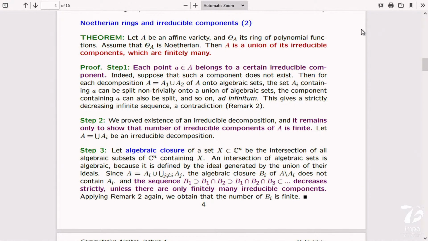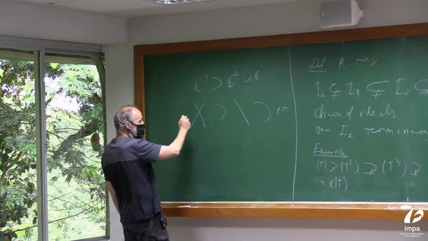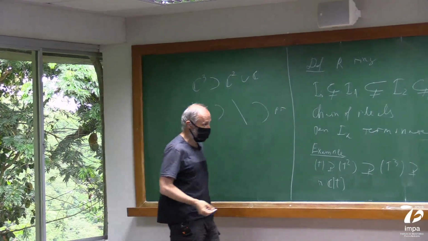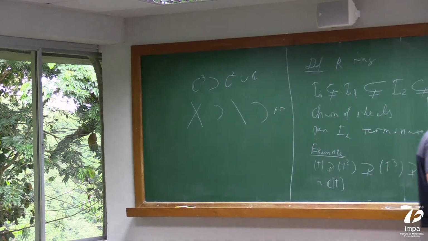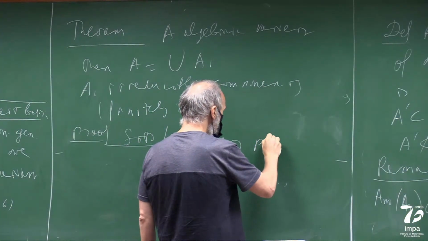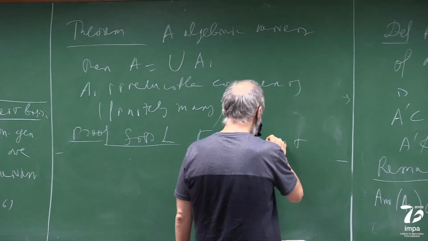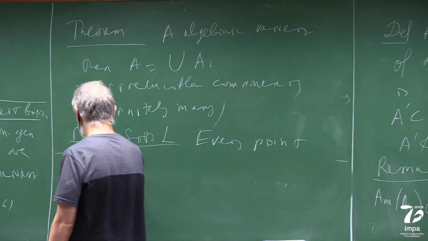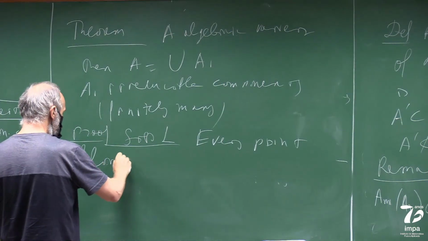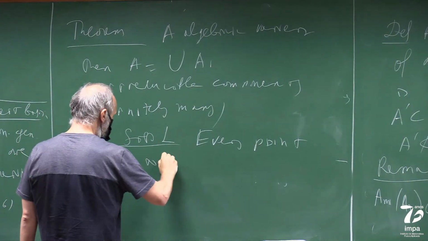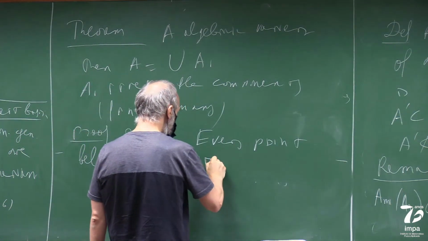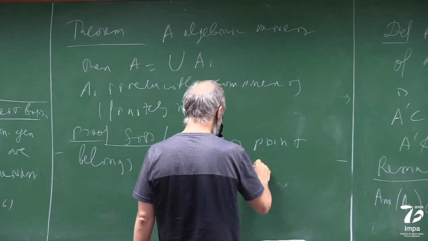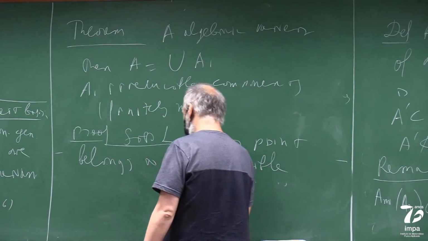There are points which belong to only one irreducible component, and there are points which belong to two, which are intersections. So every point belongs to an irreducible component.